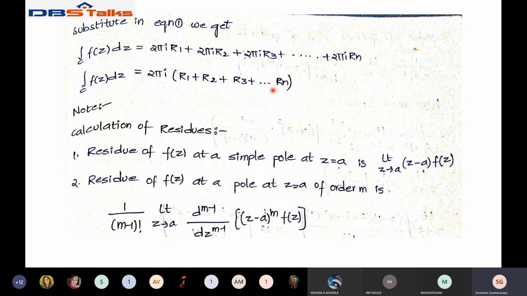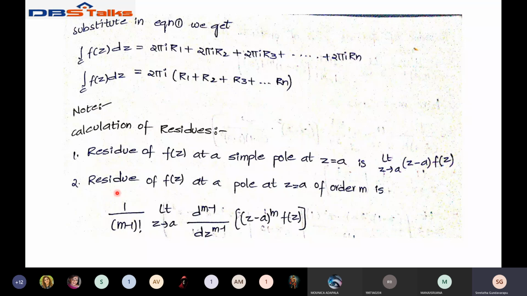Next, the formulas for simple pole and pole of order m. These formulas are used in the problems. The first formula is residue of f of z at a simple pole z equal to a is limit z tends to a of (z minus a) into f of z. So this is the formula for simple pole.